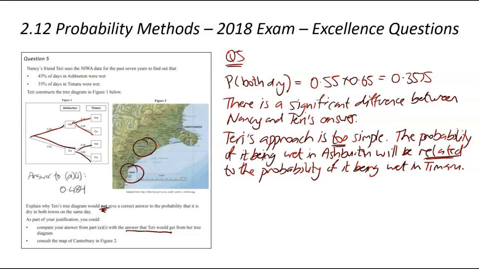And that's when we go into how close these two towns are. So based on our map, Ashburton and Timaru are really close to each other.